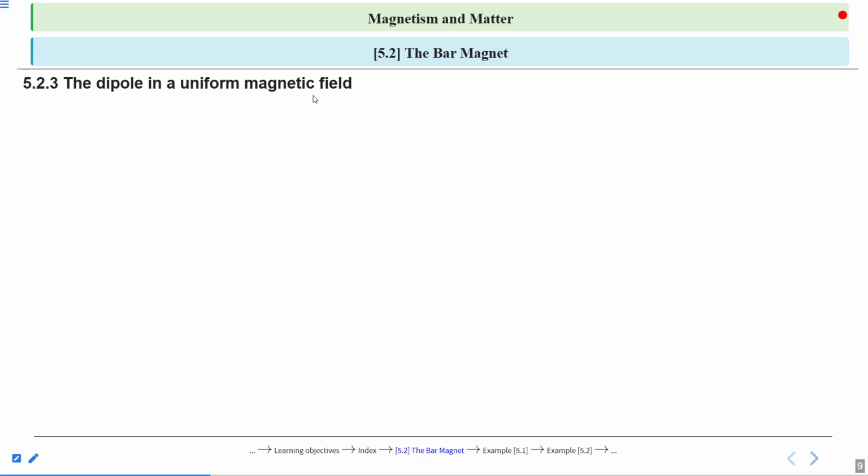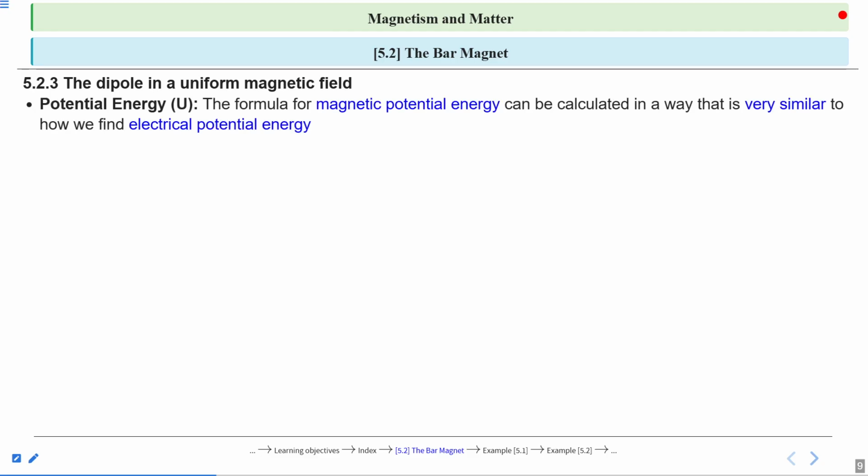The dipole in a uniform magnetic field. Now we will calculate the potential energy. The formula for magnetic potential energy can be calculated in a way that is very similar to how we find electric potential energy.